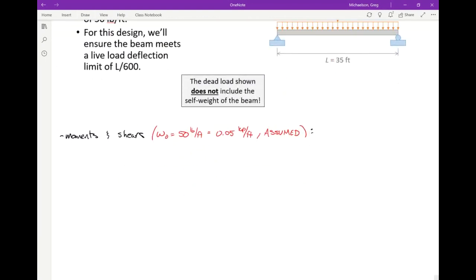Now, for our self-weight, we have our moment. It's a simply supported beam, uniformly distributed load, so W naught L squared over 8. So that's 0.05 kips per foot times 35 feet squared over 8.